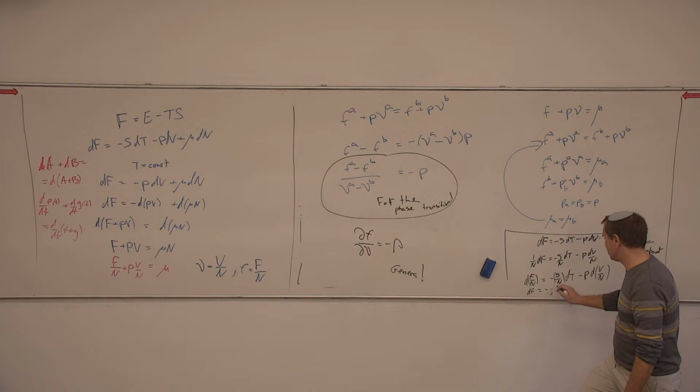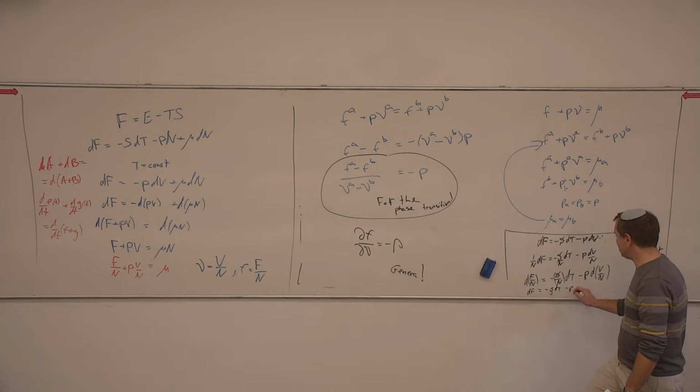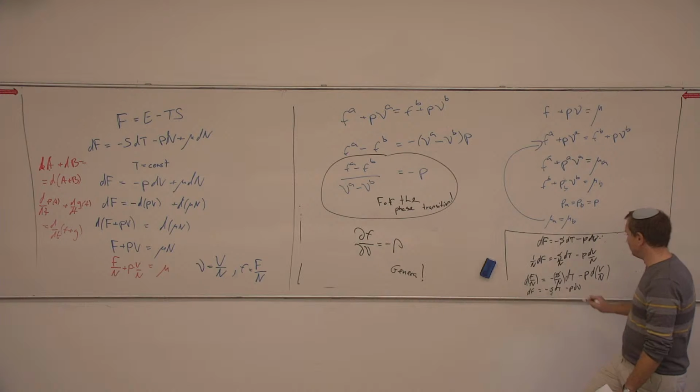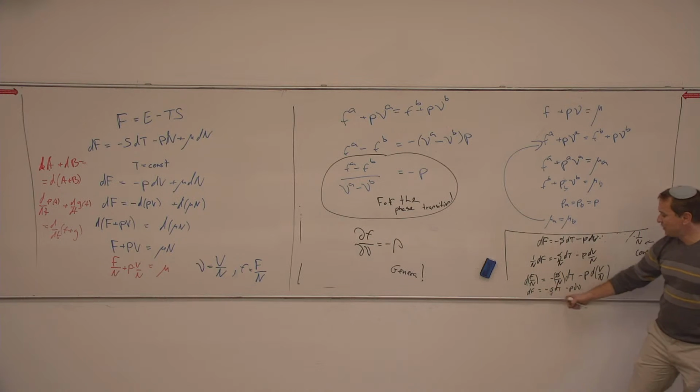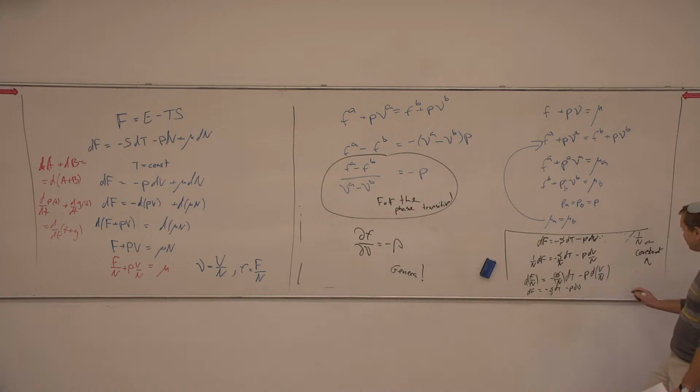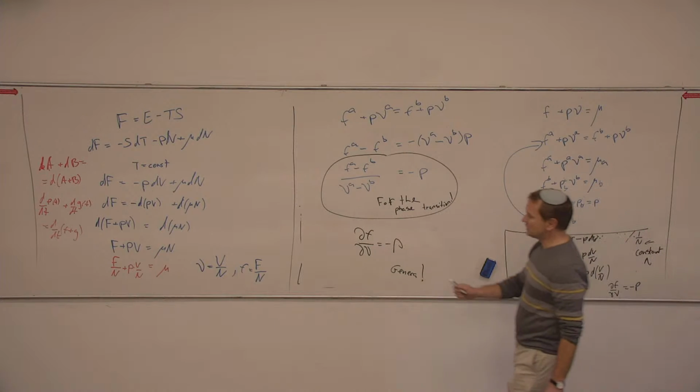Therefore, I have df equals minus small s. I'll write small s; this is large S. This is small s dT minus P dv. Therefore, minus P is the derivative of f with respect to v: df/dv equals minus P. Therefore, this guy is general.